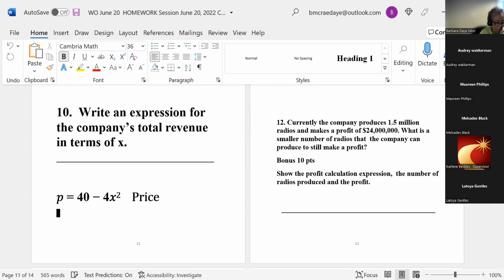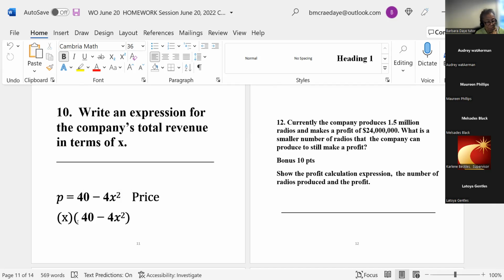Okay. This will be, let me put it in parentheses, x times the price. This 40 minus 4x squared. Put that in parentheses. Okay.